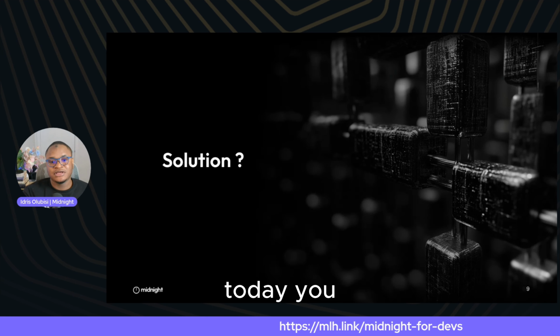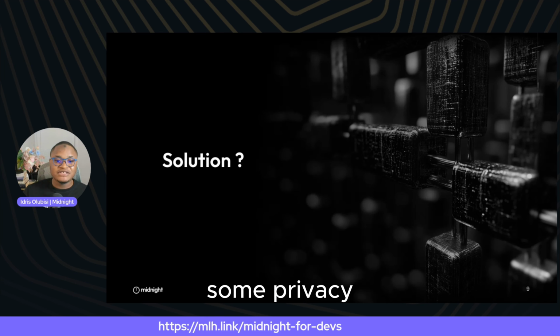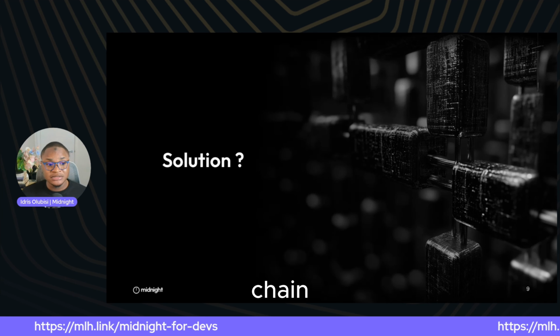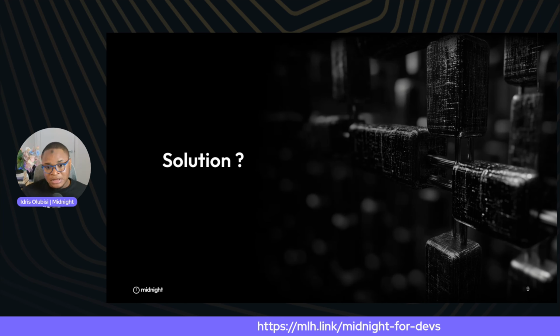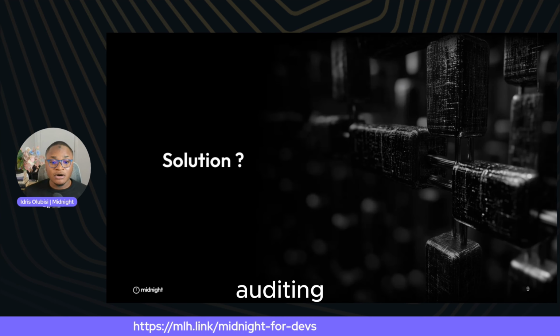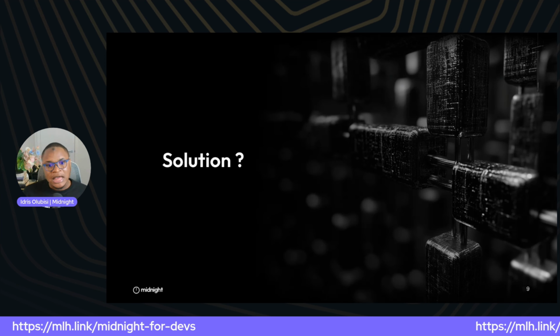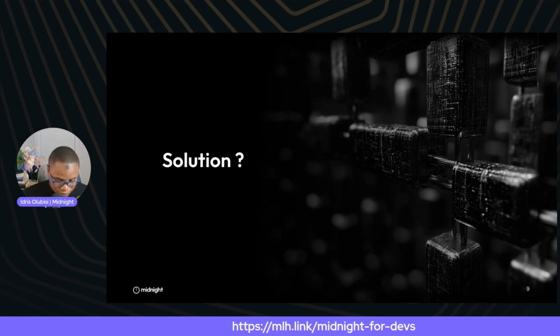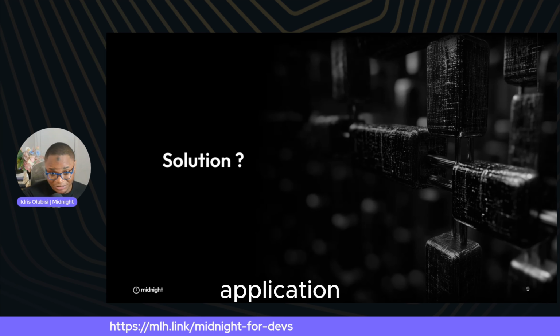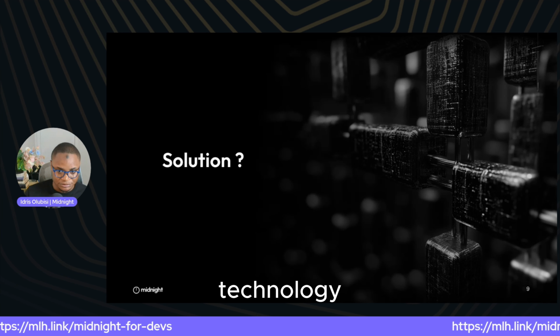What would be your answer today? You might have tried some privacy application or privacy chain that goes all in on privacy. That's also a problem, because then auditing becomes really, really difficult. And if auditing becomes difficult, there's no way you can expect mainstream applications to leverage that type of technology.